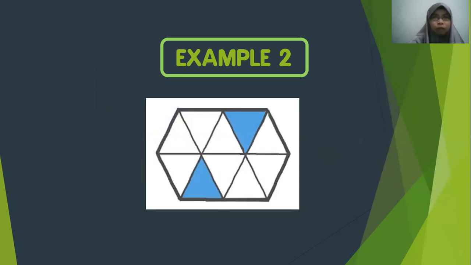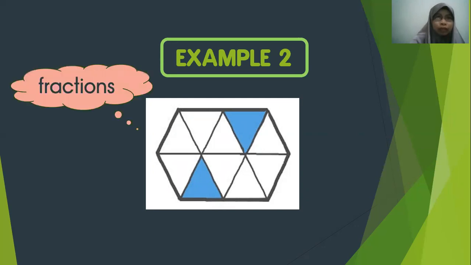Okay. Let's look at the second example, or example 2. We have one more diagram. There are also 10 parts, and among these 10 parts, we have 2 parts shaded. So in the form of fraction, we write 2 over 10, because 2 shaded parts from 10 parts.